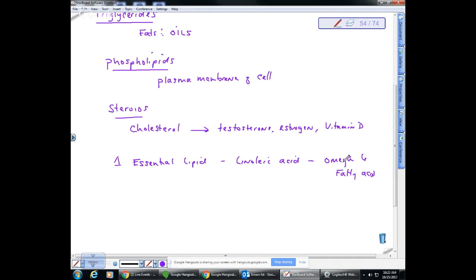And so this is one that we actually have to have in our diet, because remember, essential nutrients cannot be made by the body. So linoleic acid is that one. It is necessary for the production of prostaglandins.